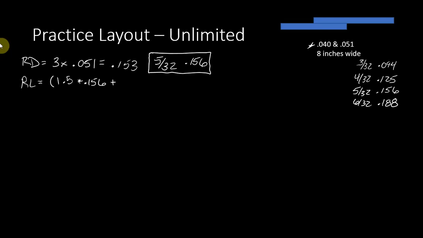So I have 0.040 plus 0.051, and I'll get 0.091 for grip, and then times 16. So let me enter that into my calculator: 1.5 times 0.156 plus 0.091, in parentheses, times 16. I get 5.2.